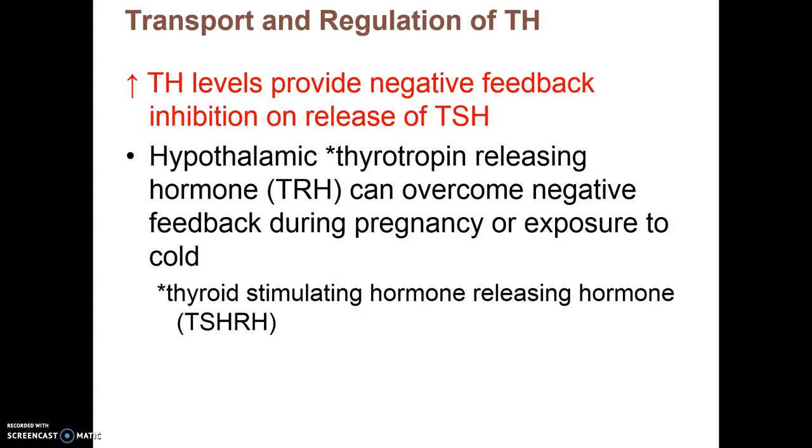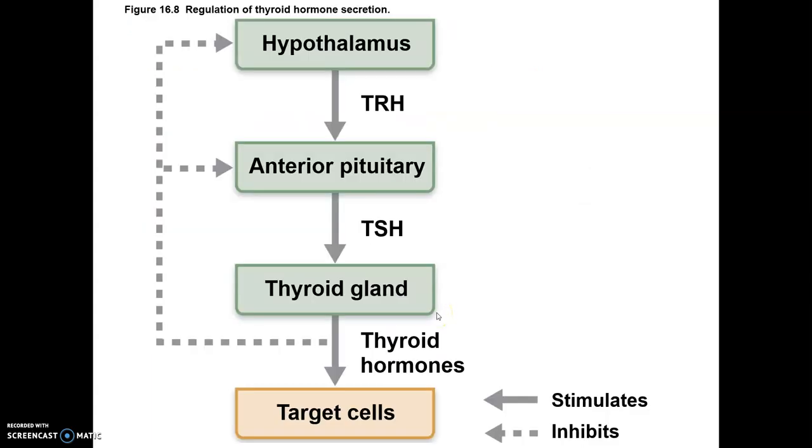Increased thyroid hormone levels provide negative feedback inhibition on the release of thyroid stimulating hormone. So the level of thyroid hormone is maintained by negative feedback. How? First of all, the hypothalamus produces thyrotropin releasing hormone, which acts on the anterior pituitary, and then the anterior pituitary releases thyroid stimulating hormone.